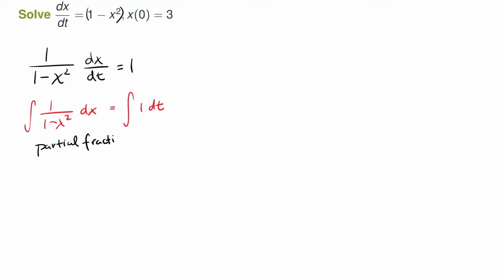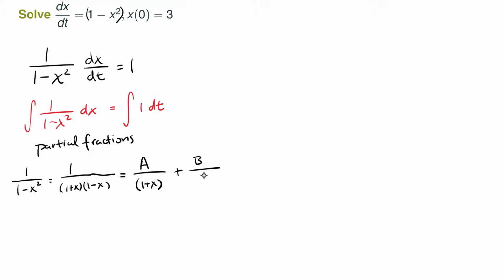Okay, so we have the difference of perfect squares in our denominator, so 1 over 1 minus x squared is equal to 1 plus x multiplied by 1 minus x. By partial fractions, we set this equal to a over the first factor in the denominator plus b over the second.